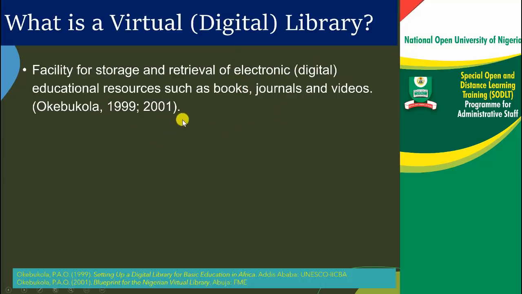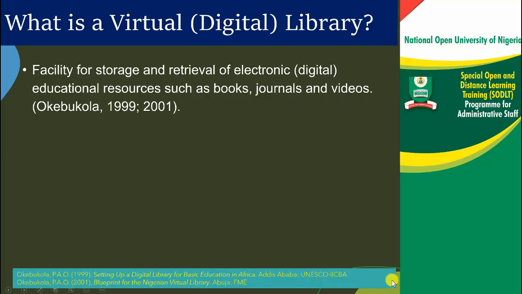In our case, educational, such as books, journals, and videos. Please mind what I've just done here. The moment you use "such as", you don't then put etc again. In fact, some people spoil the whole thing by saying etc. Avoid using etc, my dear colleagues, admin staff. Just say such as books, journals, and the last one, just say and videos.